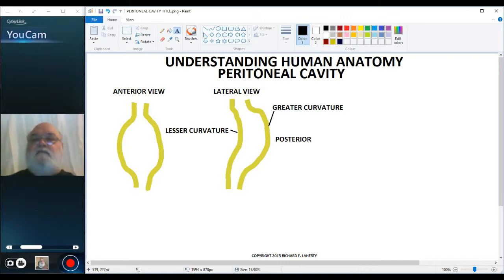And the stomach's going to make a quarter turn in the clockwise direction when looking from above. That means this part that is posterior will come around to the left, and the lesser curvature, which is anterior, will move to the right.